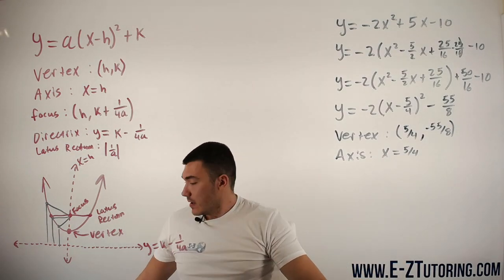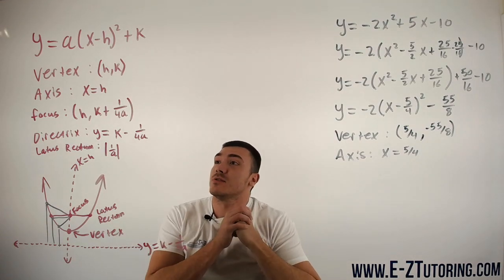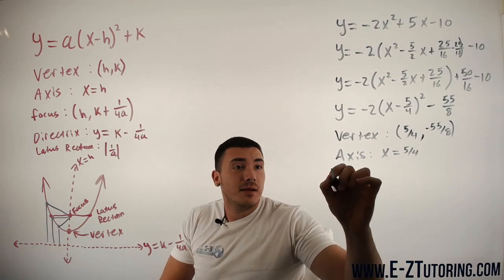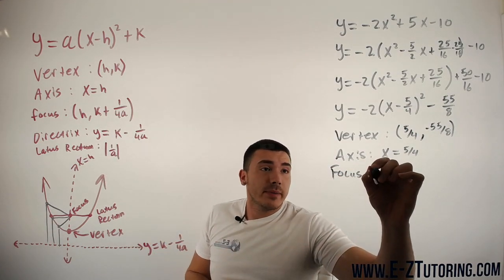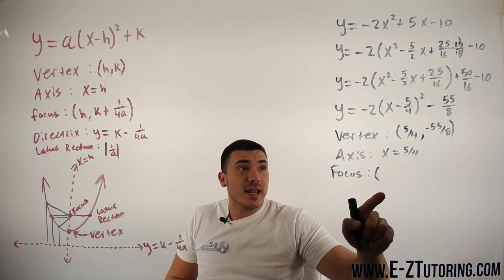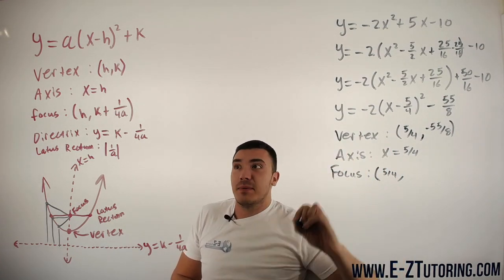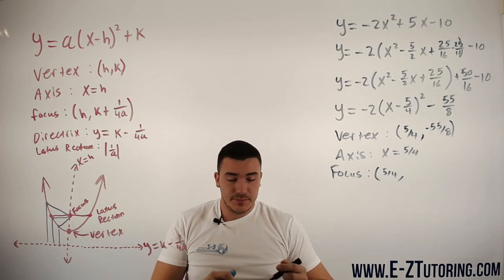Alrighty. So now that we found these two things, we can go ahead and start finding the focus. So the focus is h comma, so let's plug in h, which we know is 5/4, comma, k plus 1/4a.